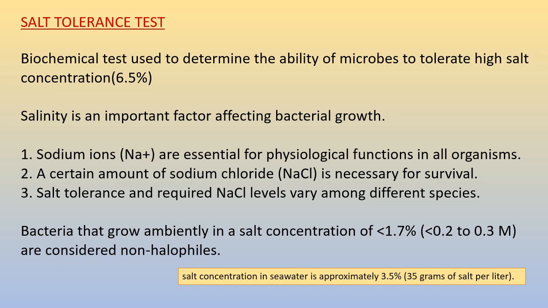Bacteria that grow optimally at a salt concentration of less than 1.7%, that is around 0.2 to 0.3 molar, are considered non-halophiles. These are our normal bacteria. We don't classify them as halophiles, not slight, not moderate.